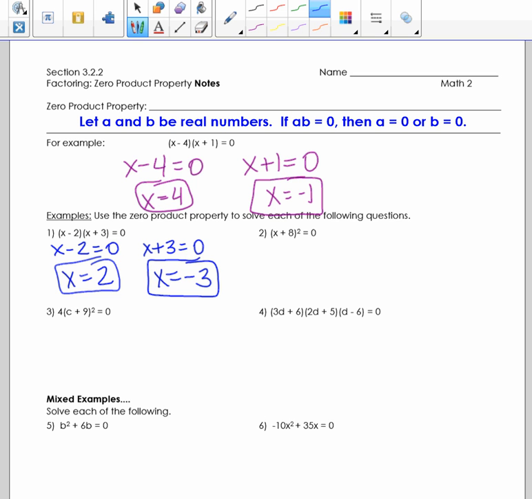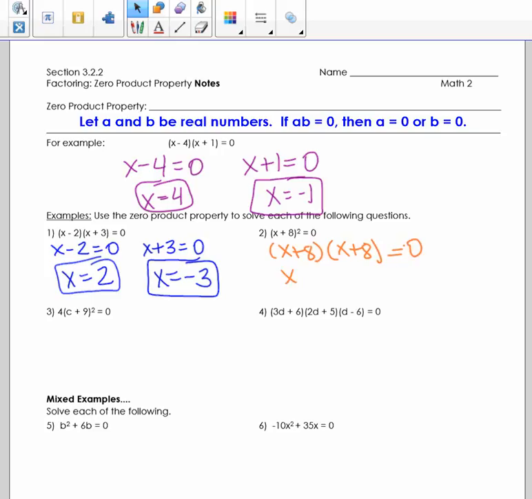For number 2, you remember what squared means. Squared means there's 2 of them. You won't have to expand this out, but technically it means x plus 8 times x plus 8 equals 0. So x plus 8 equals 0 and x plus 8 equals 0, and you get the same answer no matter what: negative 8 and negative 8.